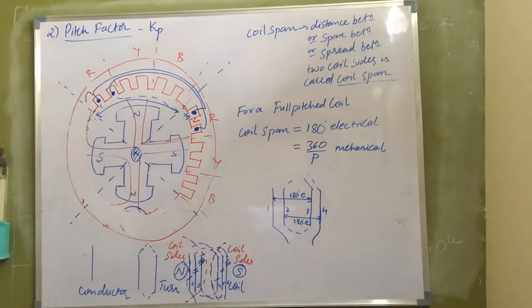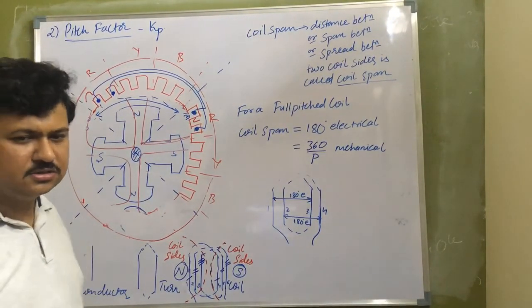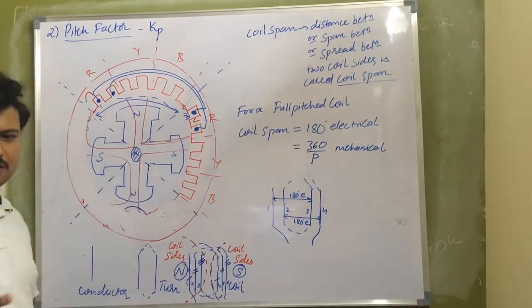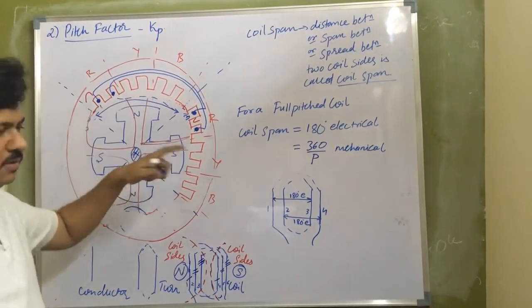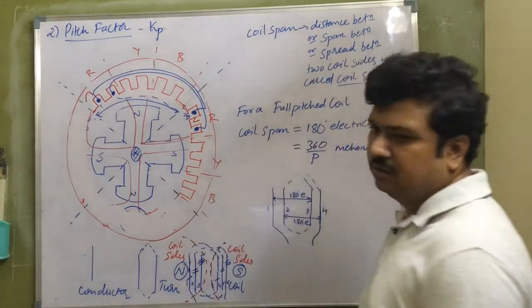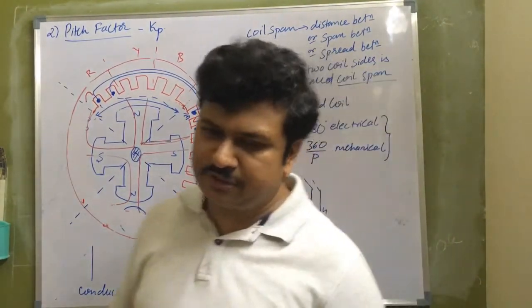How many poles are there? There are 4 poles. 360 by 4 is exactly 90 degrees. Now what is the angle between this and this? 90 degrees. Between this and this, 90 degrees. If this condition is satisfied, then that kind of winding is called full pitch winding.